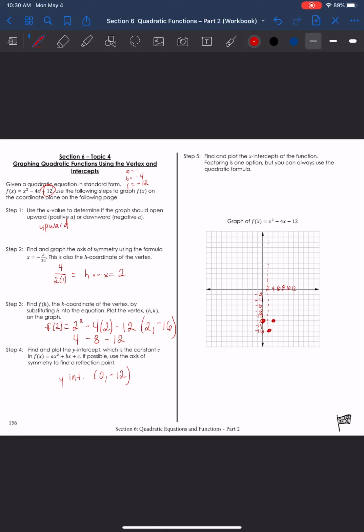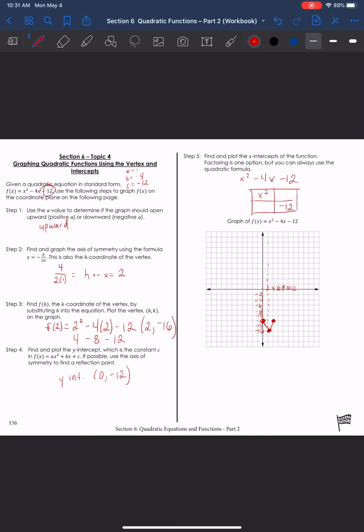But so far this parabola is kind of small. Since it opens upward, we can find out these zeros up here that will allow us to get more information. Since there are zeros, we know that we can try and factor this in order to find our zeros. So again, covering factoring, if we're factoring x squared minus 4x minus 12, we know that our leading term will go in the top left box and our constant will go in the bottom right box.